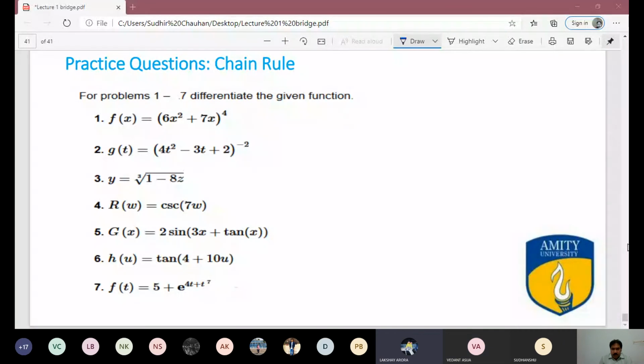Prabal Khalans, Lakshya Arora, present, sir. Tanupriya Pathak, Ojasvi, Rama, yes sir, present.